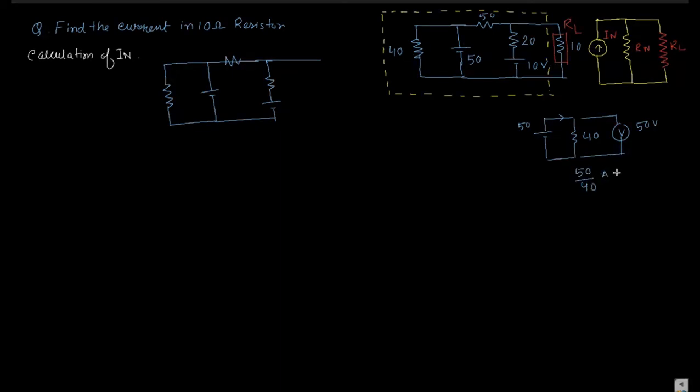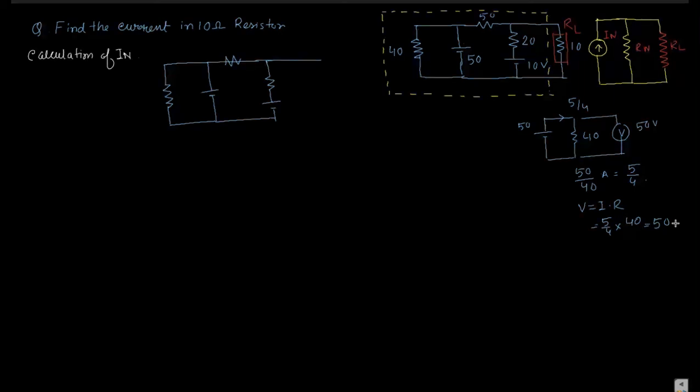That is nothing but 5 by 4 ampere. Now what is the voltage across it? Again according to Ohm's law, V is equal to I into R. So this 5 by 4 ampere current is flowing through it. That 5 by 4 into resistance 40 is nothing but the 50 volt.